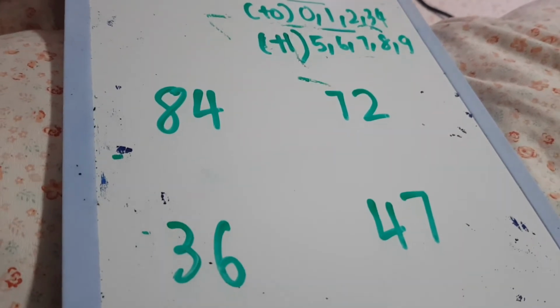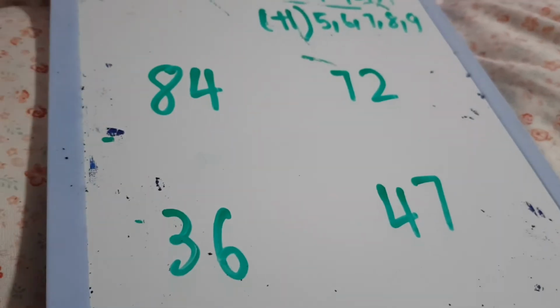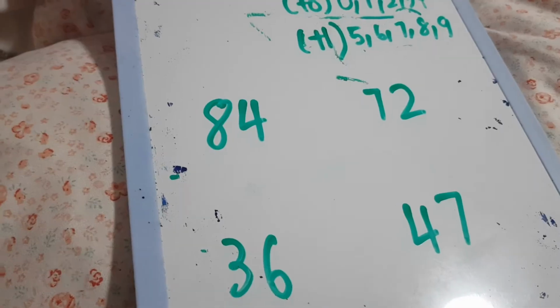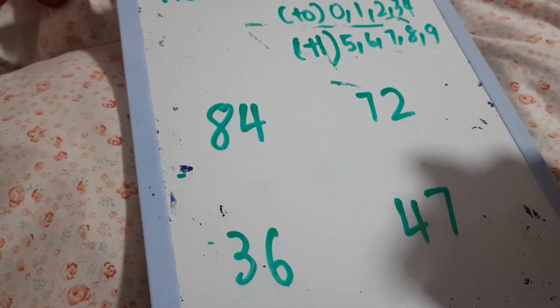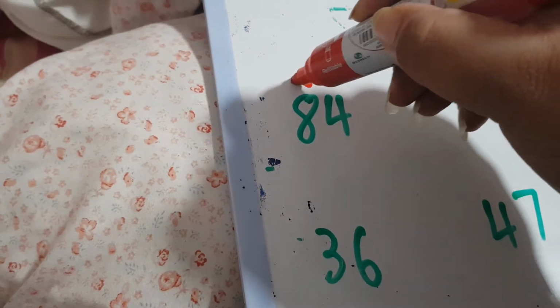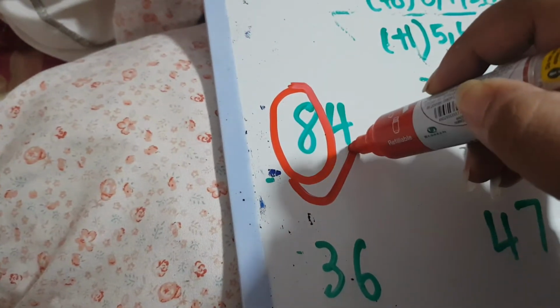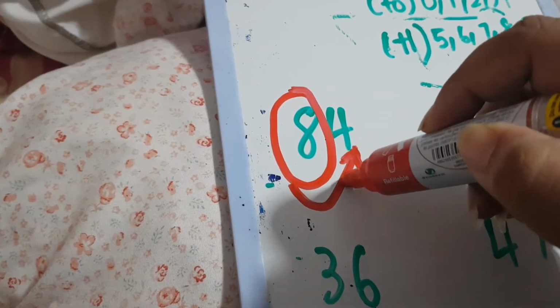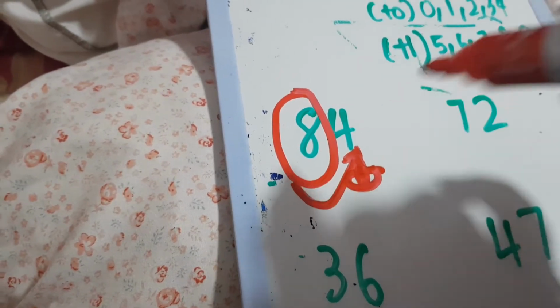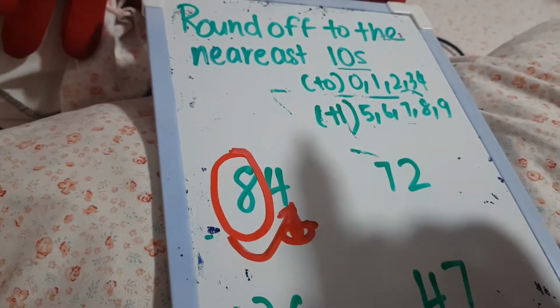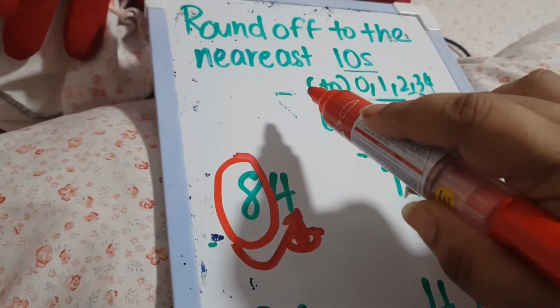Let's round these 4 questions to the nearest tens. Okay, question with 84. So 84, let's round off to the nearest 10. Okay, so we circle the tens place in 84. We look to the right. We draw an eye. Okay, 4 is plus 0.